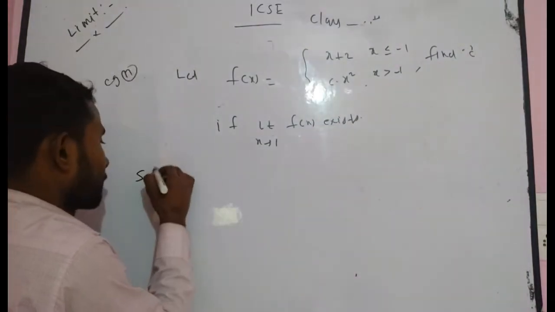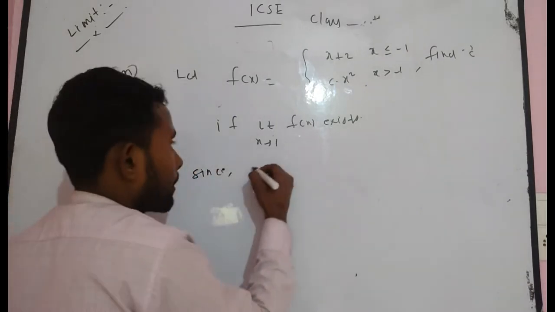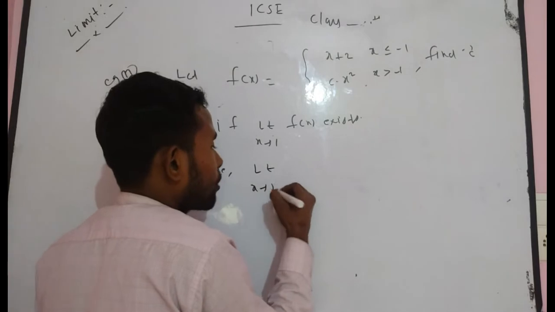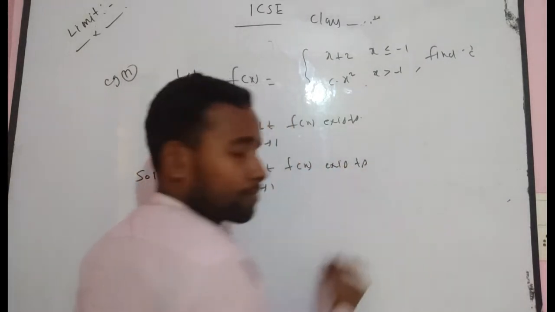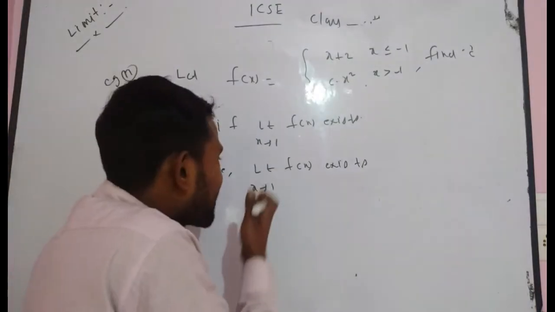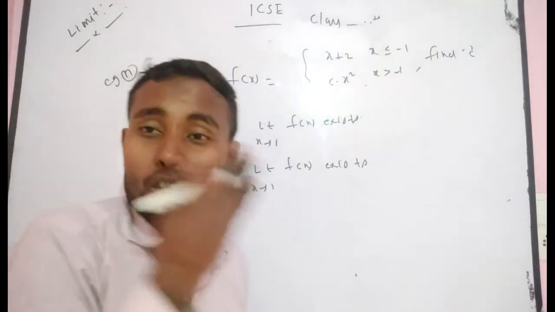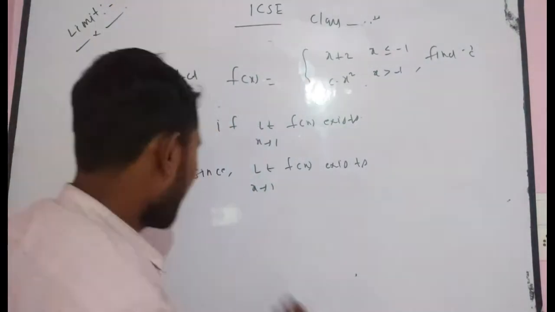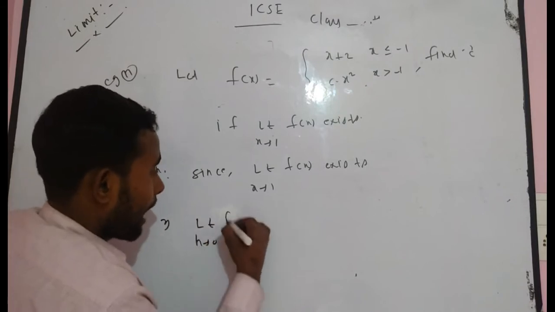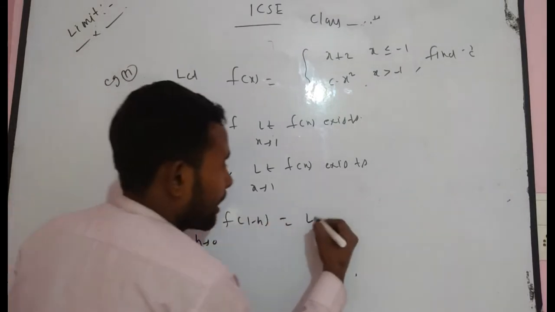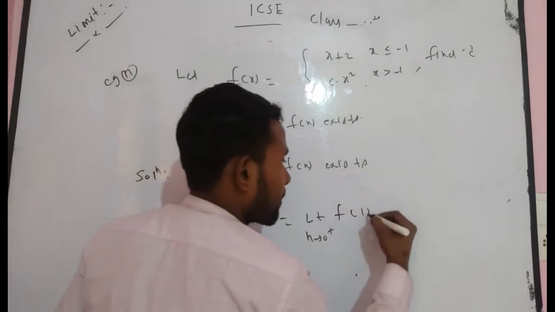Since the limit as x tends to 1 of f(x) exists, the LHL of f(x) at x equal to 1 is equal to the RHL of f(x) at x equal to 1. Then definitely you can say that the limit as h tends to 0 of f(1 minus h) is equal to the limit as h tends to 0 from the right-hand side of f(1 plus h).